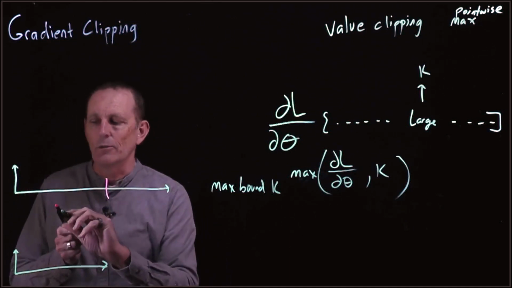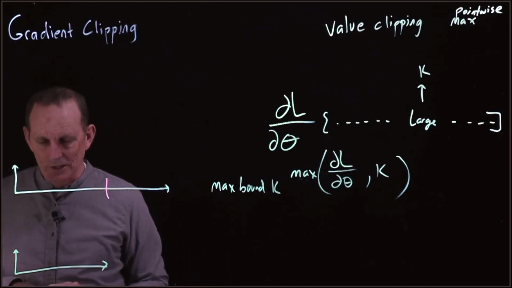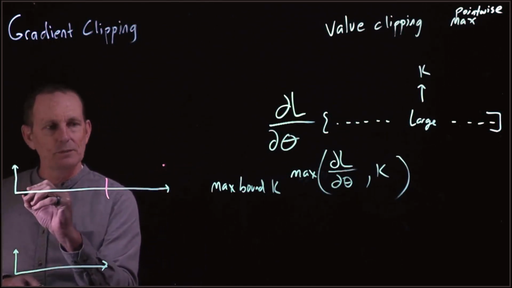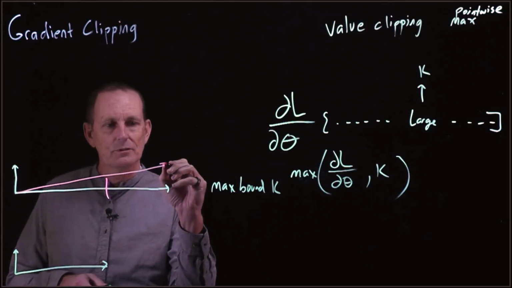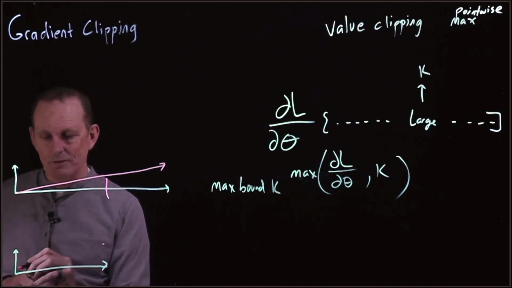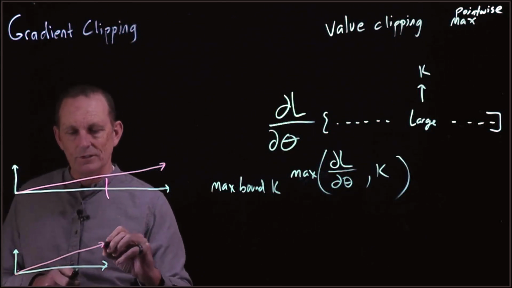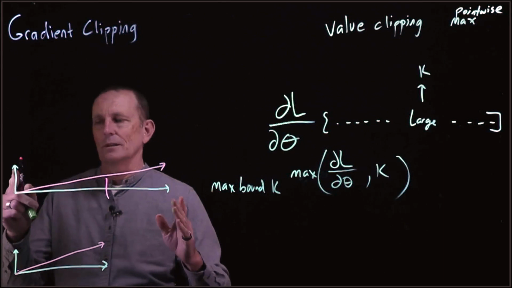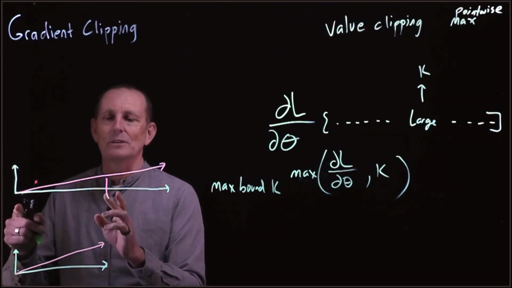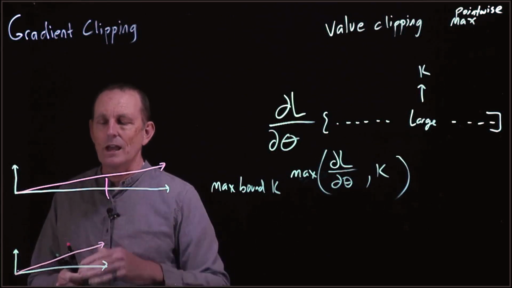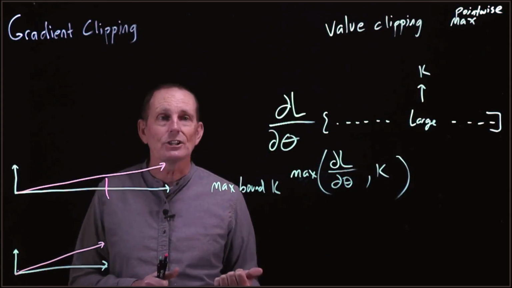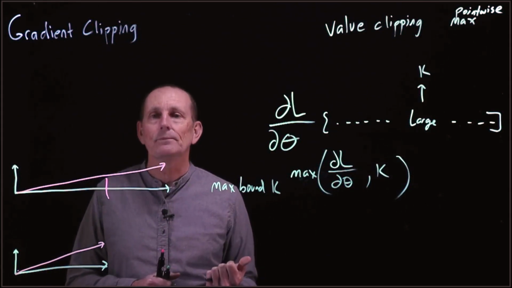However, if we consider our original vector, its slope was that. Our new vector has a different slope: the rise stays the same, but the run is less. So we have a higher slope here than we do here. That means our gradient is actually going in a different direction than it originally was.